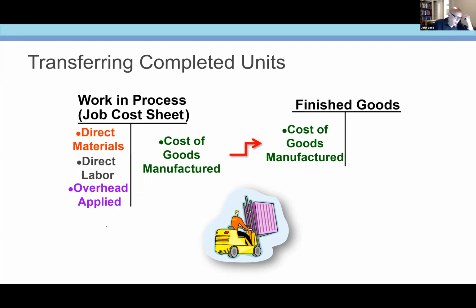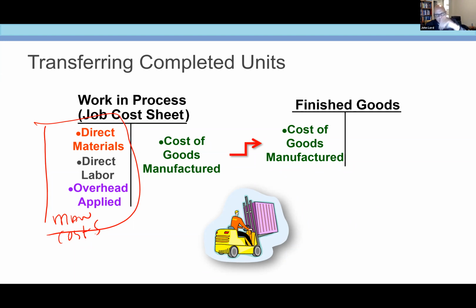And when we finish our work, we take all of our manufacturing costs. This was everything that was added to work in process for the period, our direct materials, our direct labor, our overhead applied. And then we take them out of the work in process when they're done, into finished goods.